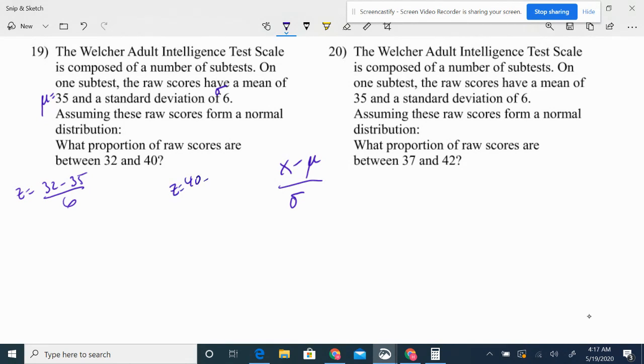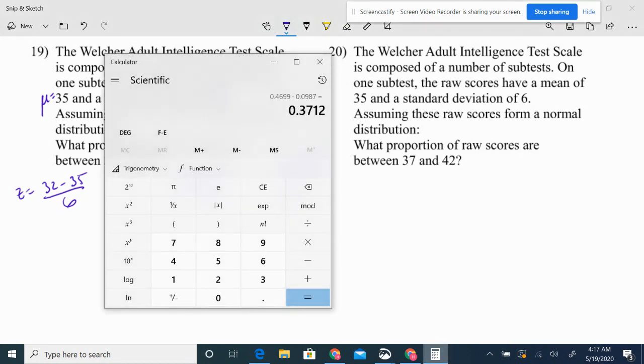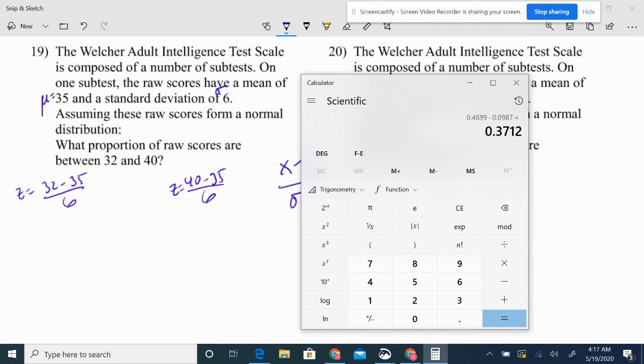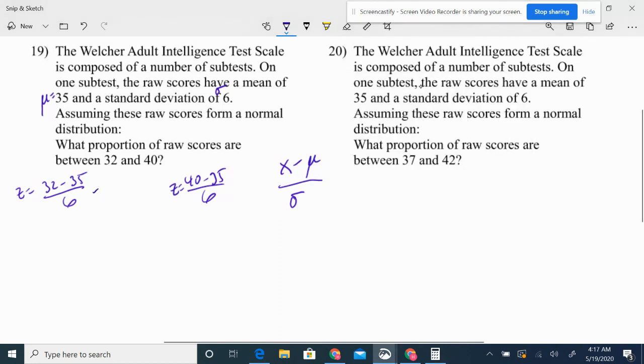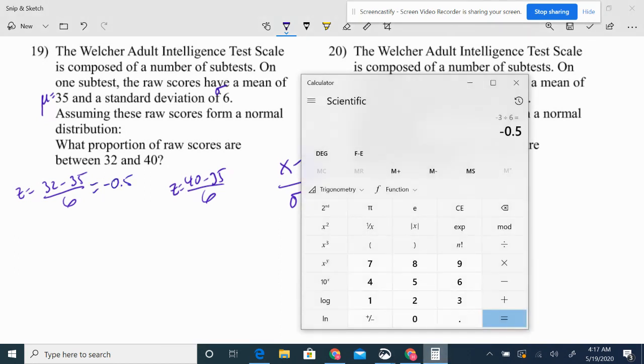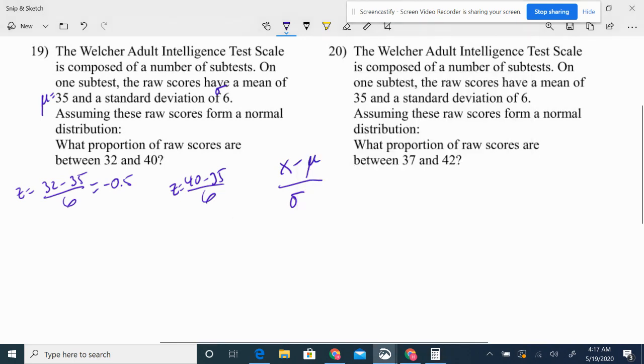It's going to be 40 minus 35 over 6. Let me find out both z-scores. So 32 minus 35 is negative 3. Divided by 6, I have a negative 0.5. Now let's take a look at the other one. 40 minus 35 is 5. Divided by 6, I have 0.83.